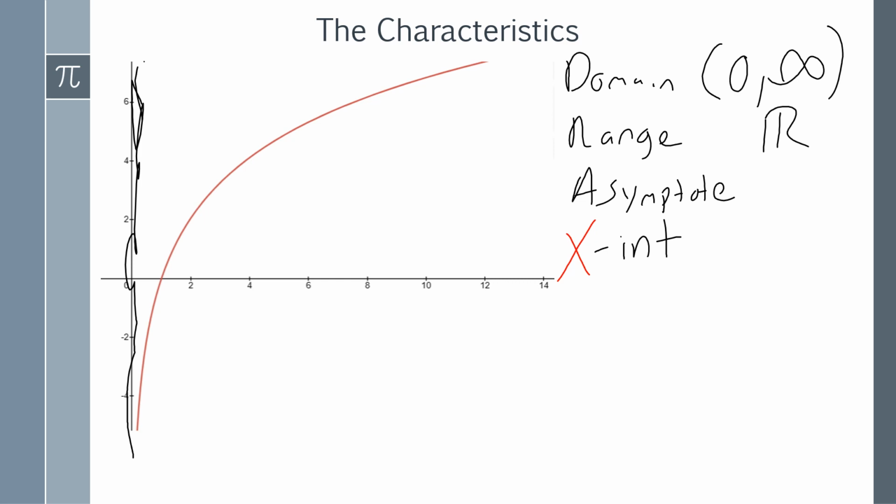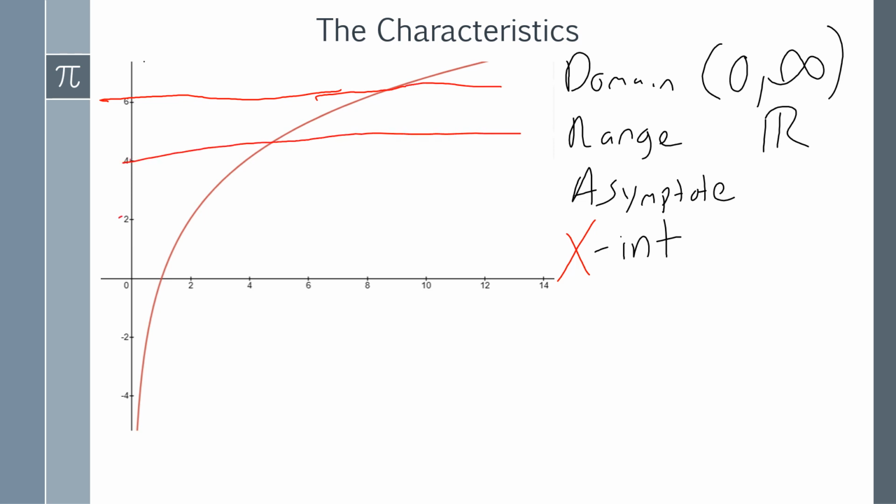The asymptote of this. Now, here's the difference between logarithmic and exponential functions. The asymptote is going to be the opposite. In the past, when we did exponential functions, we found them by drawing horizontal lines here. So, will the asymptote be 6? No. Will it be 4? No. Will it be 2?